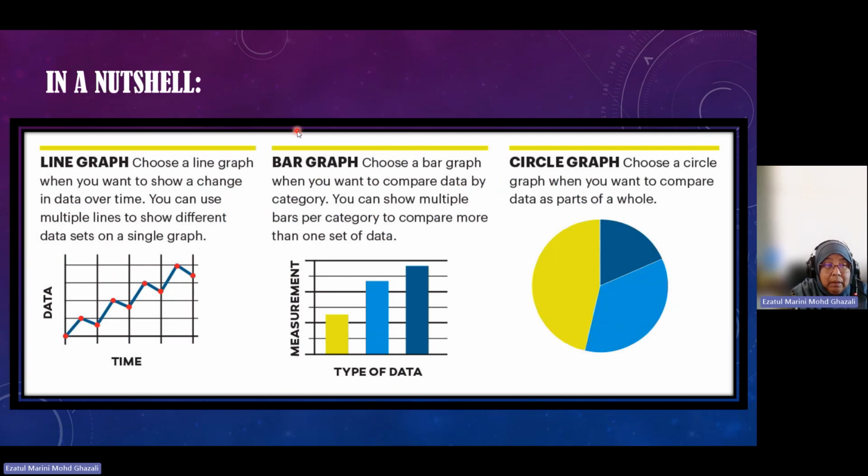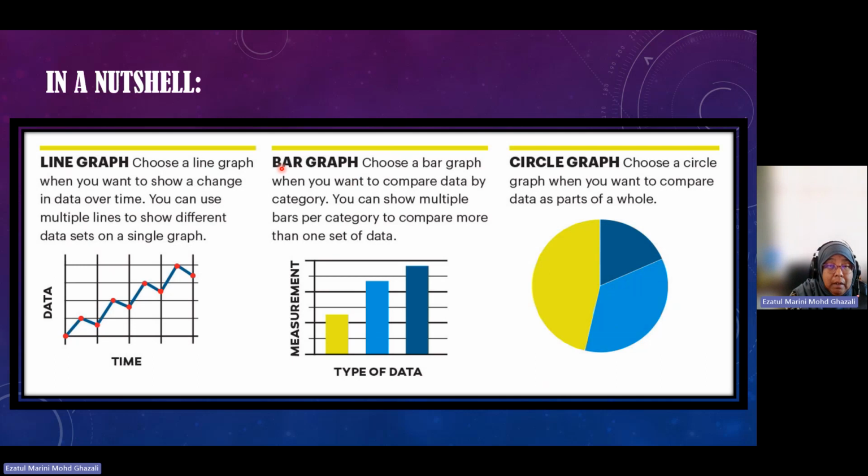Right. In a nutshell, as a conclusion, you use a line graph when you want to show a change in data over time. Always remember, when time is involved, we use a line graph. And then you can use multiple lines to show different sets on a single graph. Okay, just like the example that I've shown you on how India fared after the 100 cases.